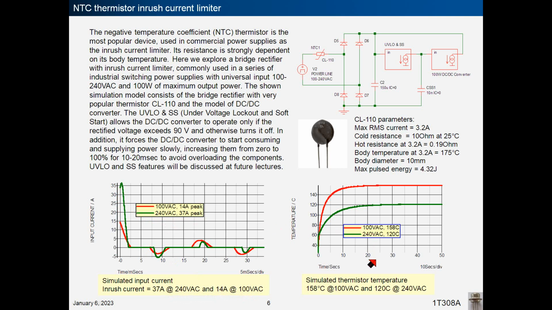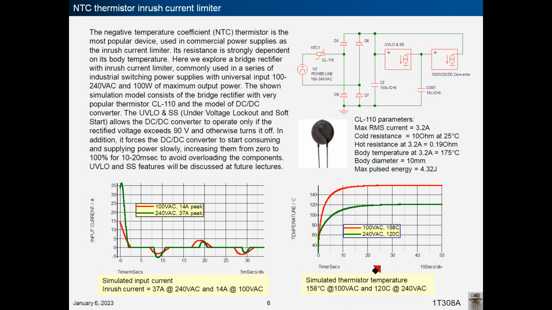This is the simulated thermistor body temperature. The red curve corresponds to 100 VAC and the green curve corresponds to 240 VAC. At 100 VAC, the maximum thermistor body temperature is 158 degrees C and only 120 degrees C at 240 VAC of line voltage.